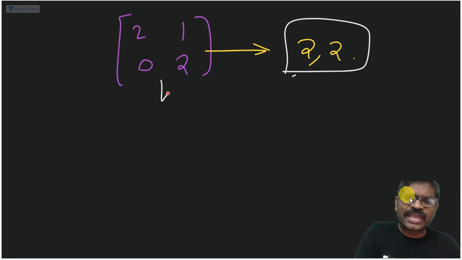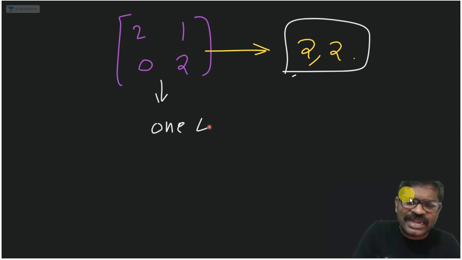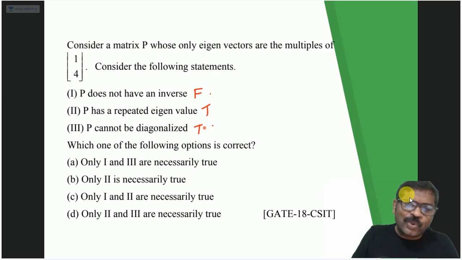If you calculate eigenvector, you got only 1, 0. Only one linearly independent eigenvector. That's why it cannot be diagonalized. So only 2 and 3 are necessarily true.